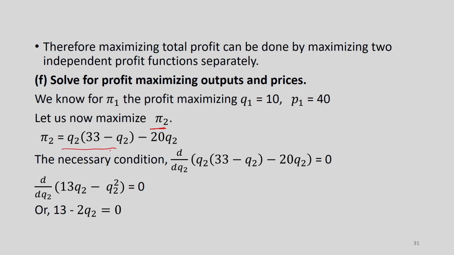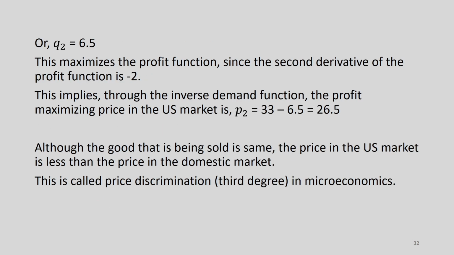Pi 2 is total revenue from the US market minus the cost, and this is standard. I take the derivative of this with respect to Q2, set that equal to 0, and it will give me d/dQ2 of 13 Q2 minus Q2 square, that is 13 minus 2 Q2 is equal to 0, and it gives me the solution Q2 is equal to 6.5.